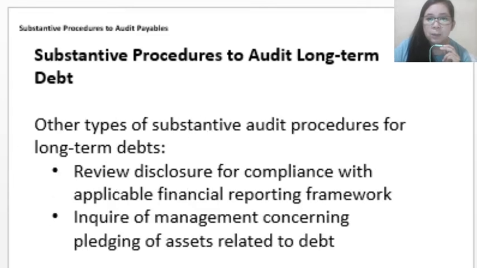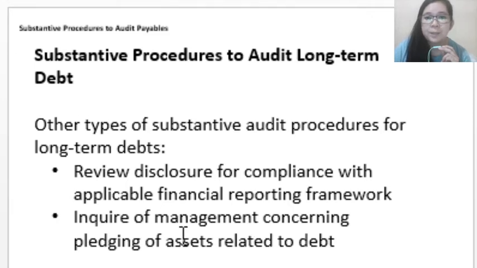Aside from those, the auditor can also do the following substantive audit procedures for auditing the long-term liabilities. First, he can review the disclosures that are required by the standard. Another is to inquire from the management about any pledging of the entity's assets as a commitment of their contract related to long-term liabilities.